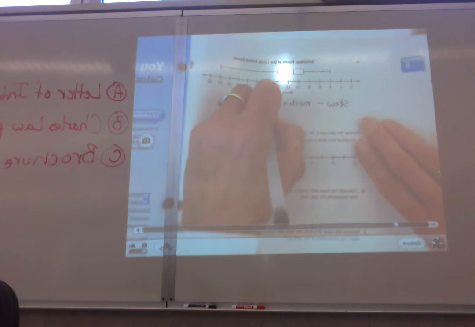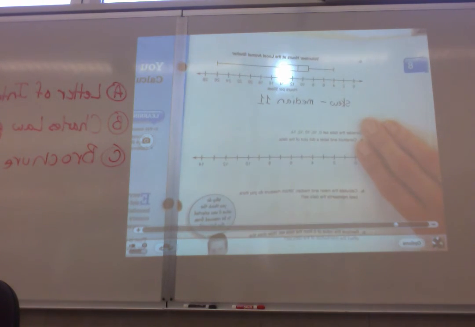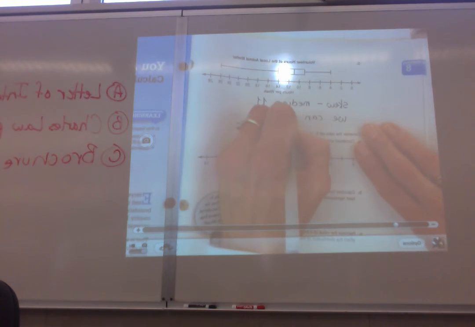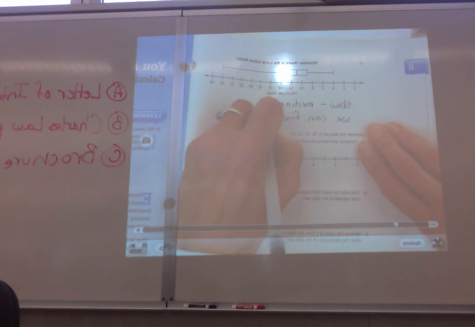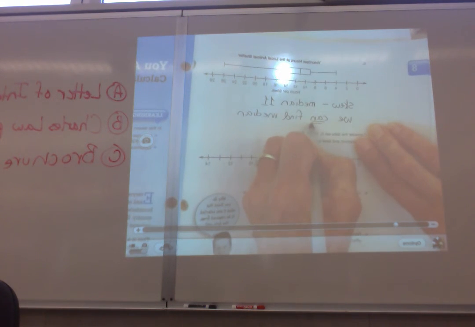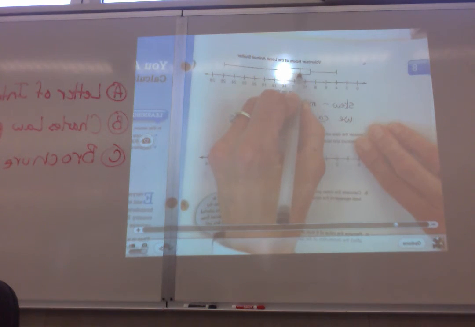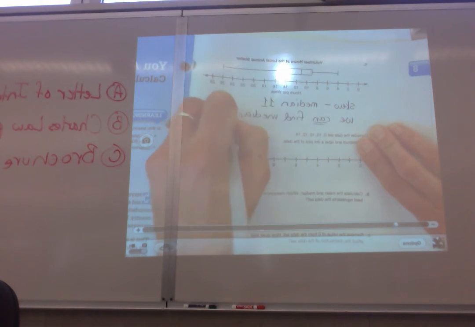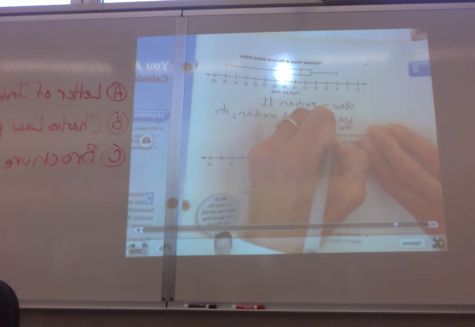The median is 11. Can we find the mean? No. Can we find the median, or can't we? We can on this one because it's the middle line. It shows up there as one of the 5 values that make this plot. We can find the median. It's the middle line.